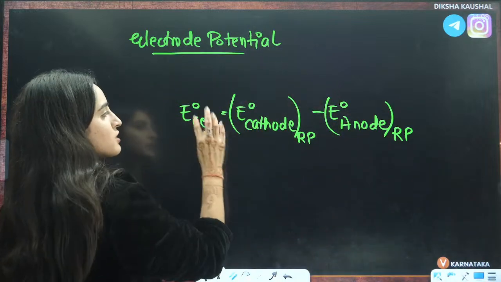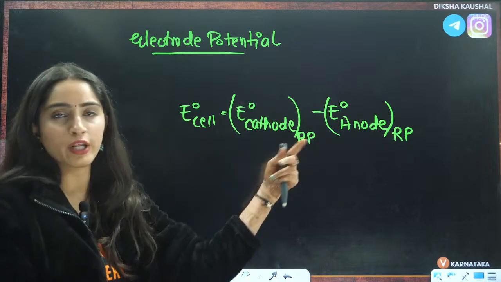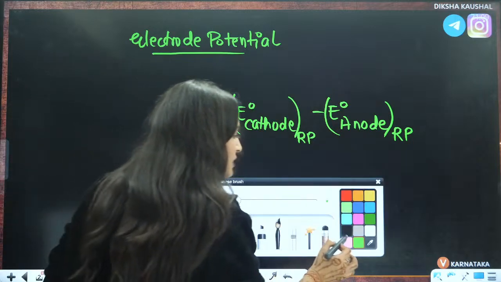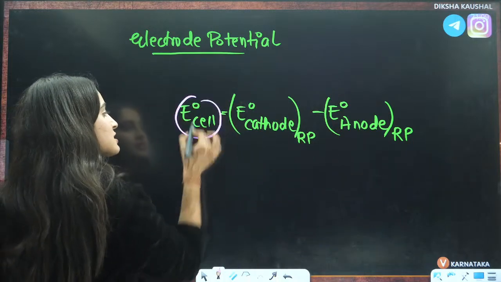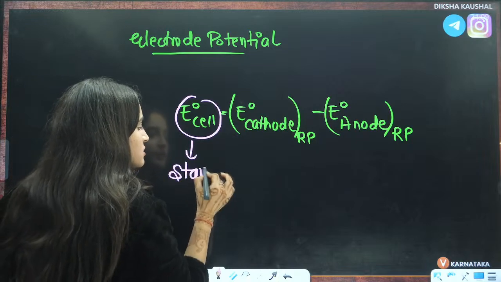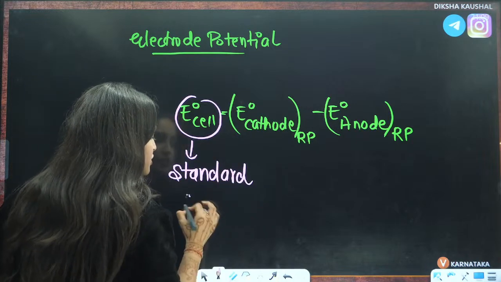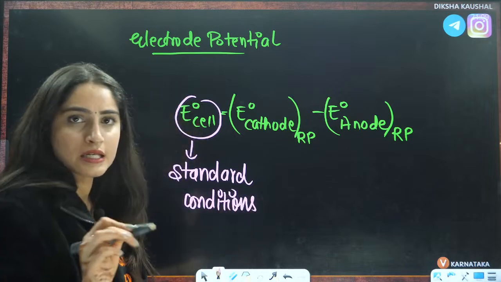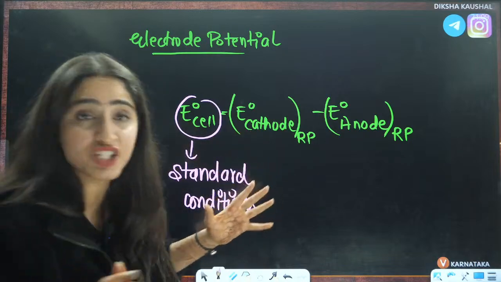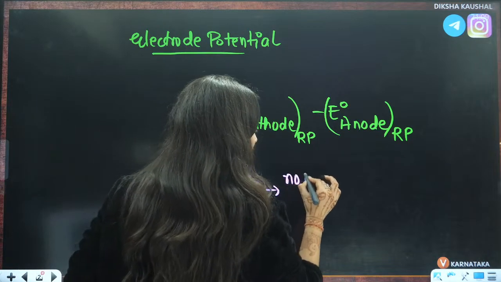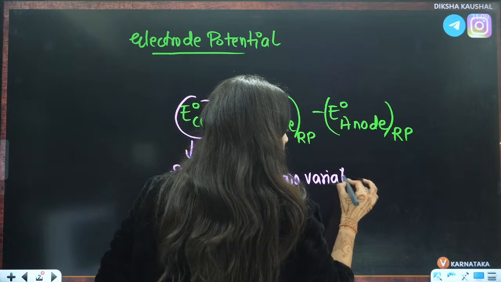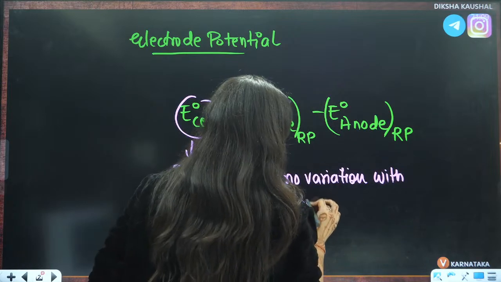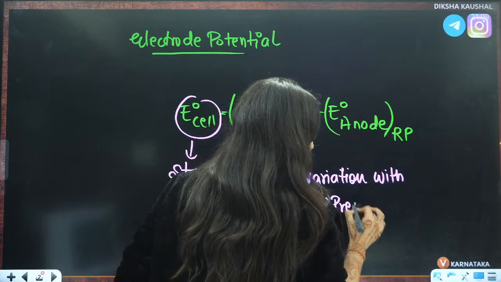So this is E naught cell equals E naught cathode reduction potential minus E naught anode reduction potential. But if they ask about this E naught, this is in the standard conditions. Standard means no variation with concentration and pressure.